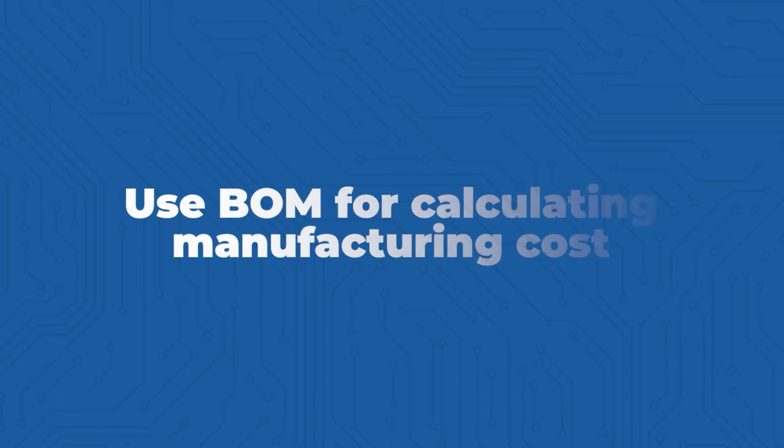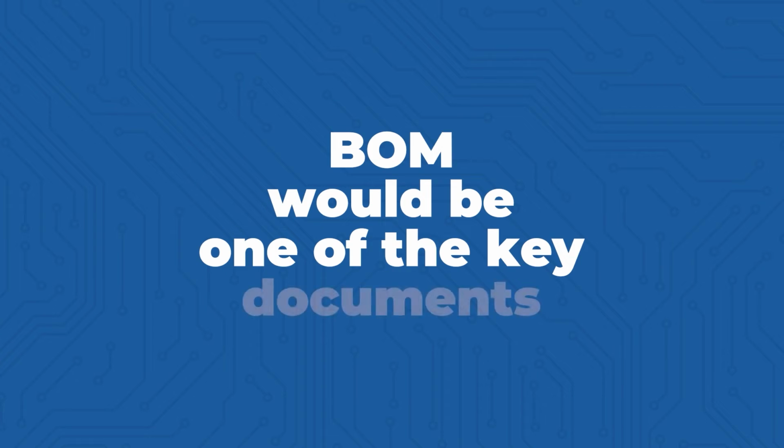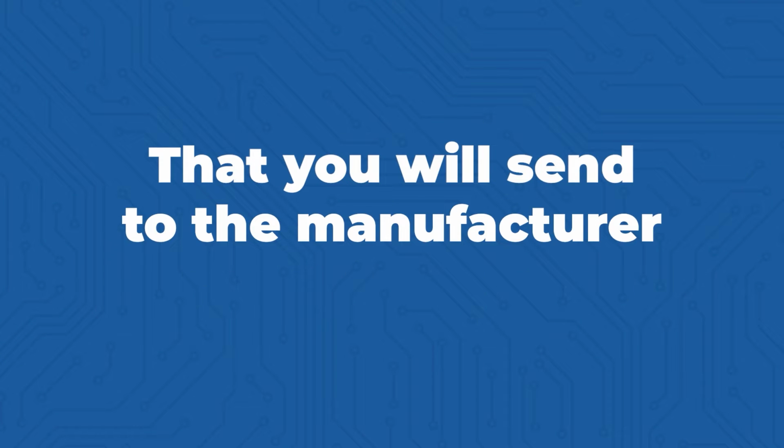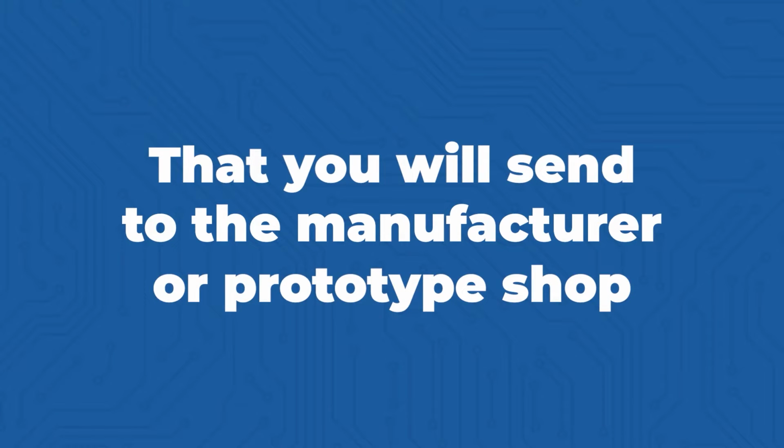Then once you have this bill of materials, this will be a document that you'll live with throughout the manufacturing process. It will be one of the key documents that you'll send to the manufacturer, to the prototype shop, but it's also really useful for calculating your manufacturing cost. At this point, it should be more of a calculation and not necessarily an estimation.